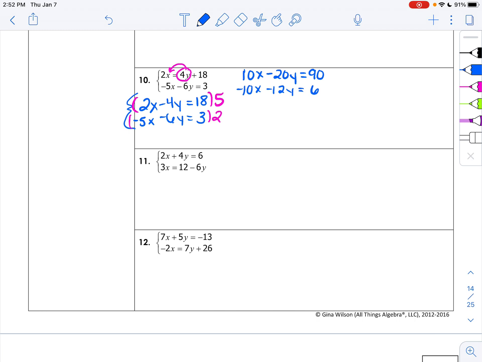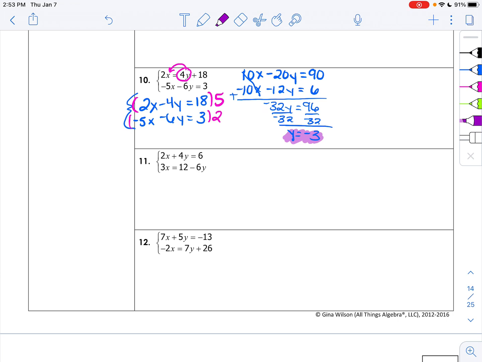So now I have everything lined up and I have opposites, so I can add. My x terms cancel out. Negative 20 plus negative 12 is negative 32y equals 96. Then I need to divide both sides by negative 32, and I find that y equals negative 3.